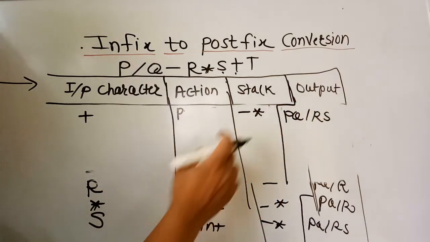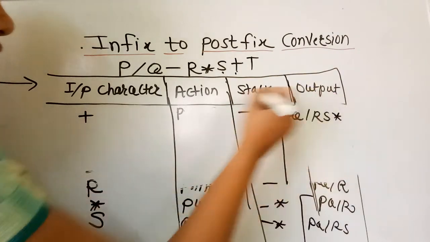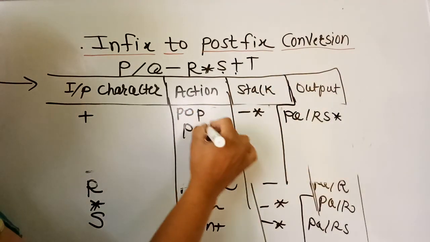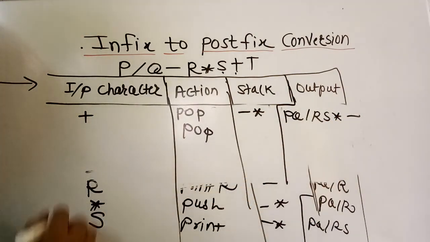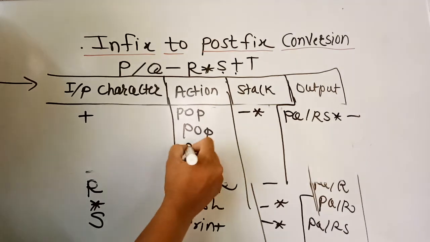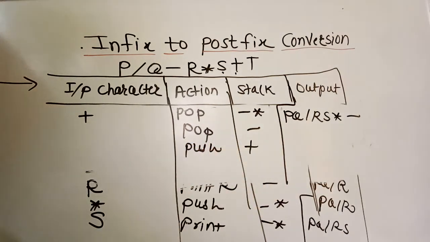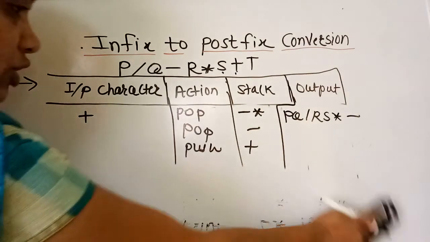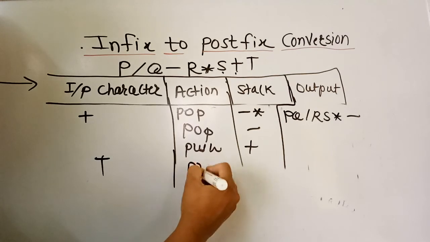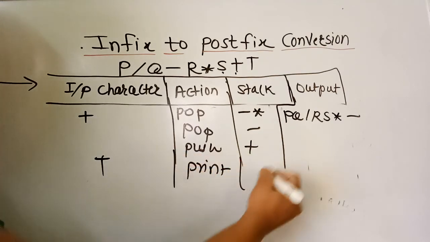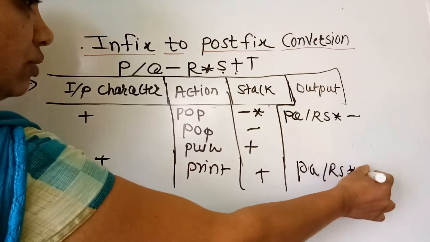Start popping: star is on the topmost position, so star is popped first. Then perform one more pop because minus remains there, so it is minus. Then perform the push operation, so the stack will contain the plus sign. Now what is the last step? One operand will come, then print it, like PQ divide RS star minus.